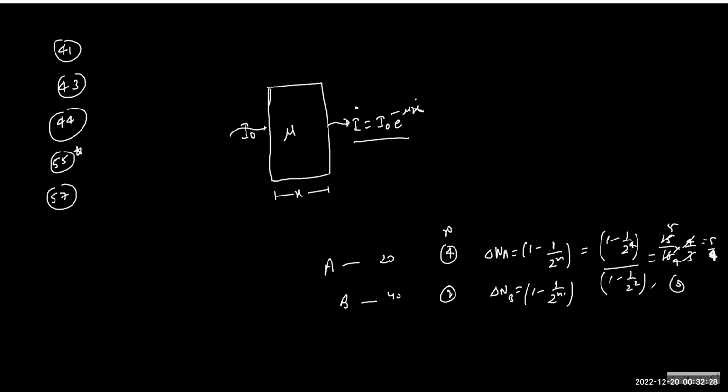Solve 43. So 20 to 2 decays. How many do you have? 20, 10, 5. No, T half is not good. You can go by the formula.